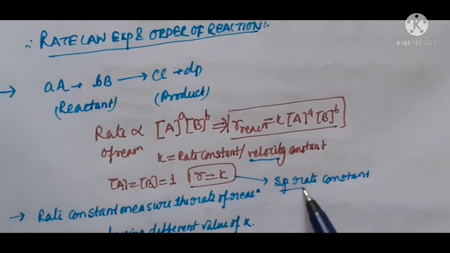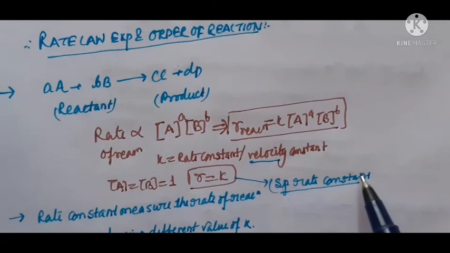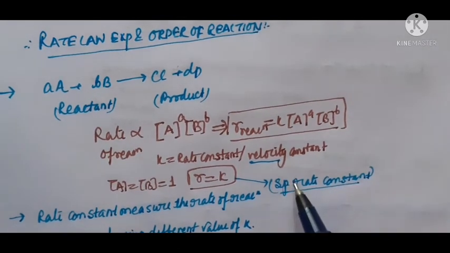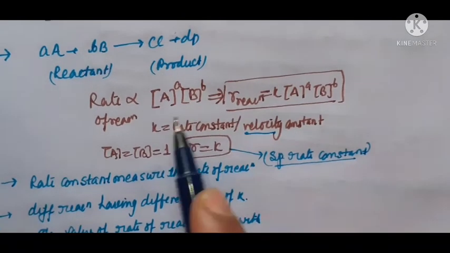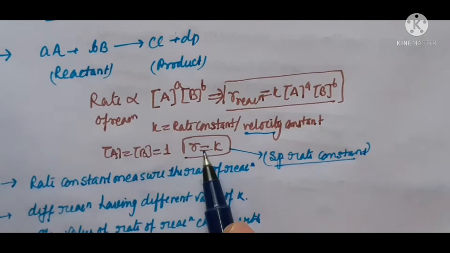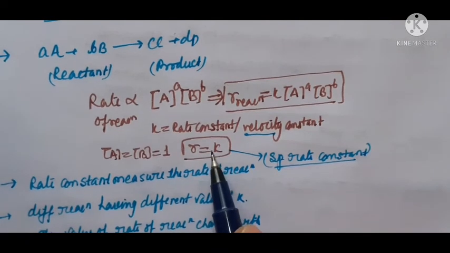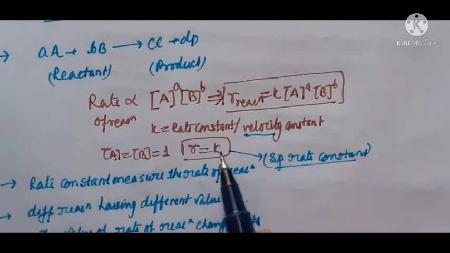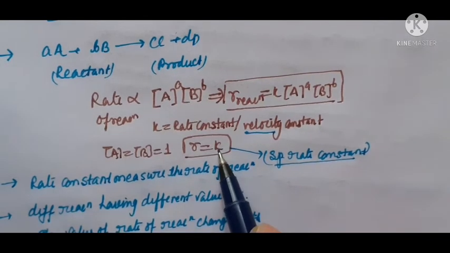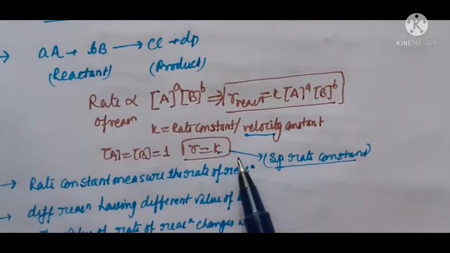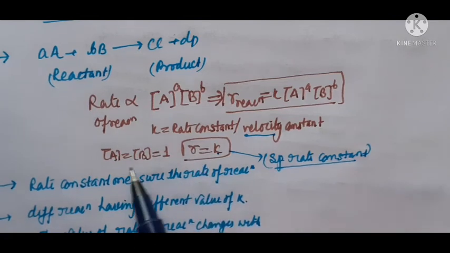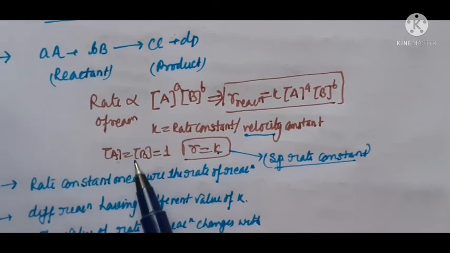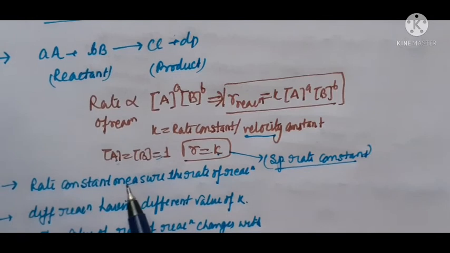Now suppose you are asked to define the term specific rate constant. How will you define it? You have to start from this point, R is equal to K. From this equation we can say that the specific rate constant K is defined as the rate of reaction when the concentrations of the reactants are taken as unity.